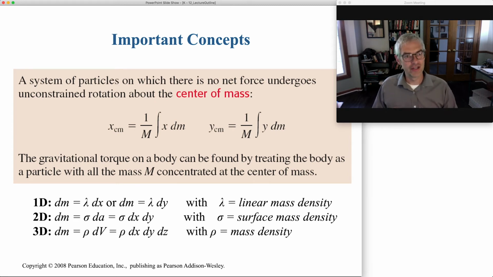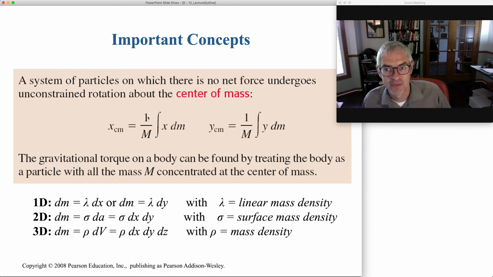Integrals are the way that you add up an infinitely large number of these infinitesimally small little pieces, and it follows the same way. For your x center of mass, you look at 1 divided by the total mass, and then you integrate each little dm, each little bitty mass, and where that mass is located. This dm is a little tricky.